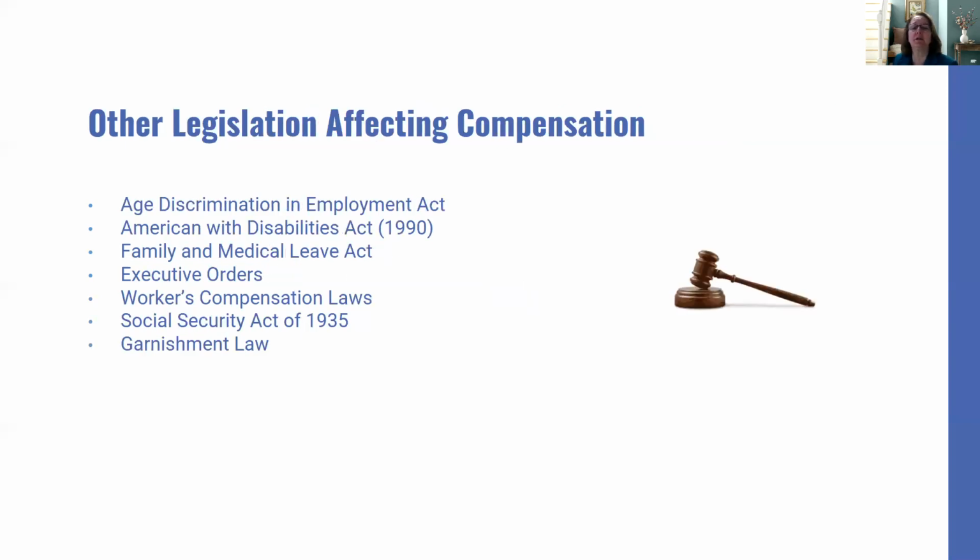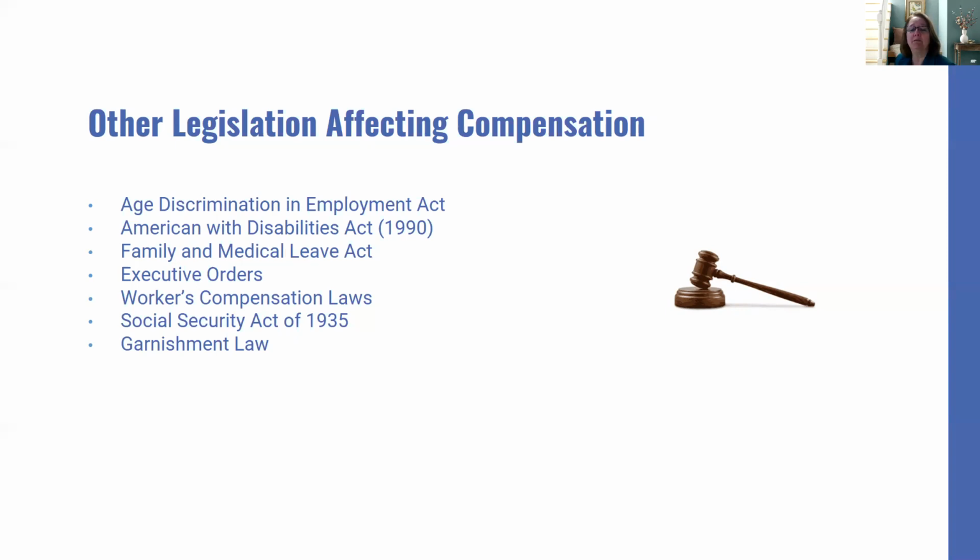Other legislation: the Age Discrimination in Employment Act prohibits age discrimination against employees who are 40 years of age and older in all aspects of employment, including compensation. The Americans with Disabilities Act prohibits discrimination against qualified persons with disabilities.